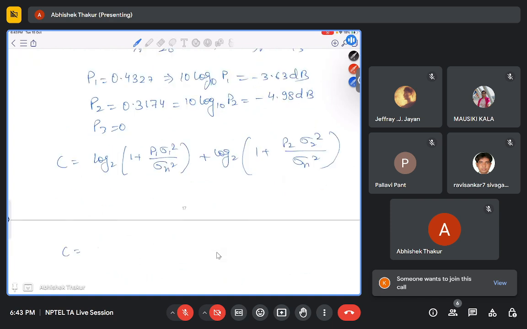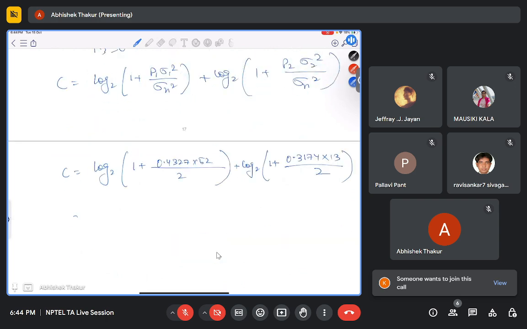So C is equal to log 2 (1 plus 0.4327 into 52 by 2) plus log 2 (1 plus 0.3174 into 13 by 2), where sigma 1 square is 52, sigma 2 square is 13, and sigma n square is 2.